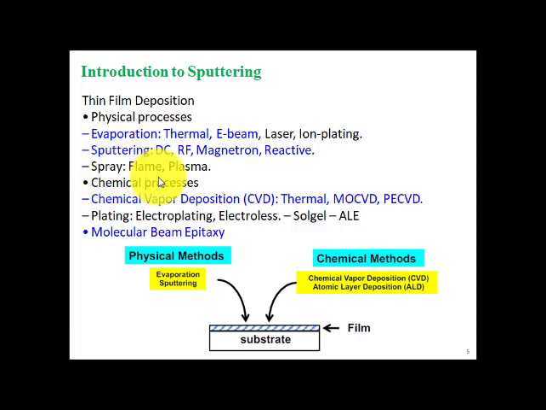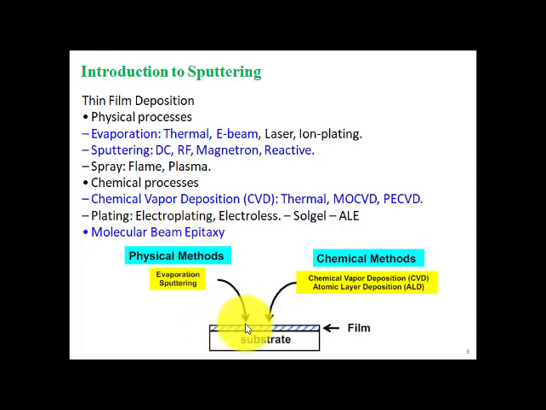On the other hand, the second method of thin film deposition, that is chemical processes, includes chemical vapor deposition, plating. The chemical vapor deposition, CVD, can be of different types. Similarly, plating can be of different types. Another method which can be used for thin film deposition is molecular beam epitaxy.